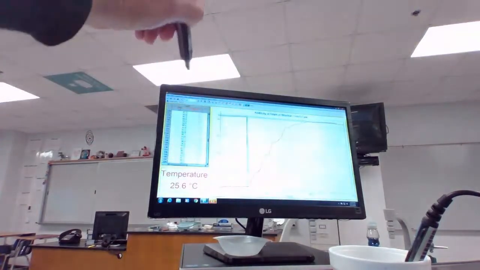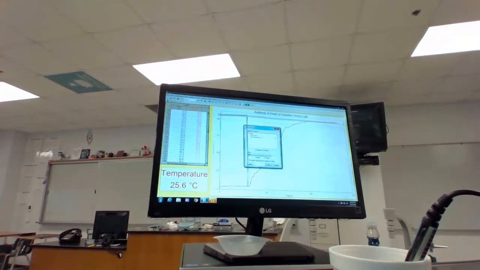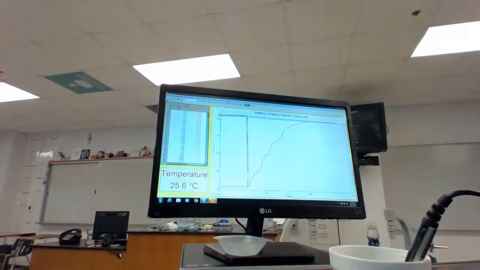We have our initial temperature was 21.2. Let me check that and make sure that that was our initial temperature. Our initial temperature was 21.2, and our final temperature was 29.6.